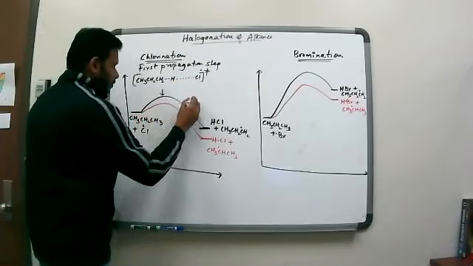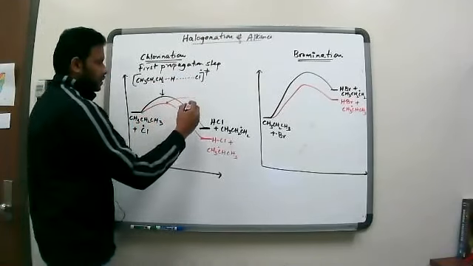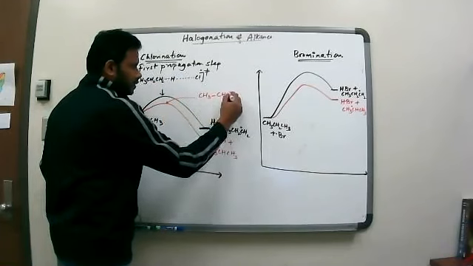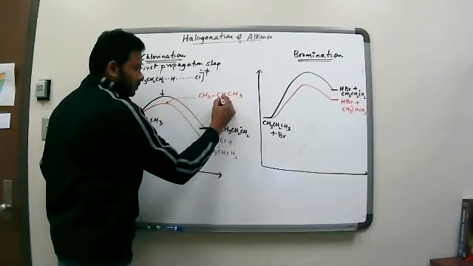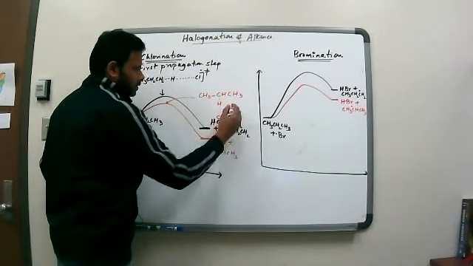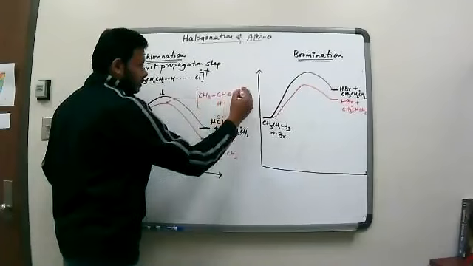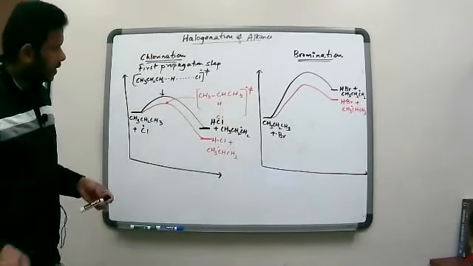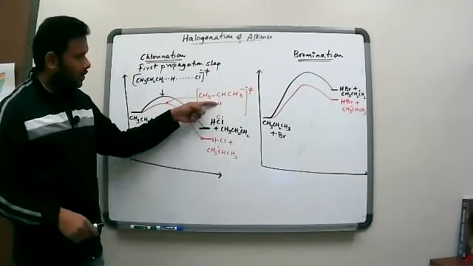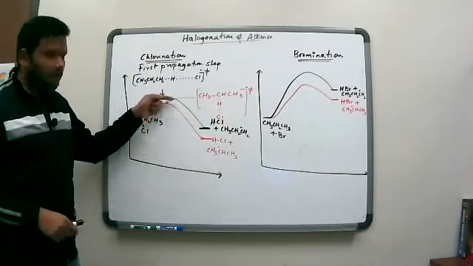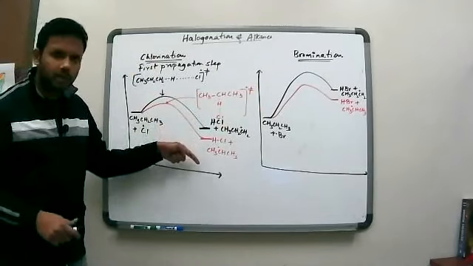Similarly, this transition state here should look something like this: CH3, CH, CH3, H, Cl. And again, what I've done is I've placed the hydrogen closer to the carbon because this is an exothermic step.